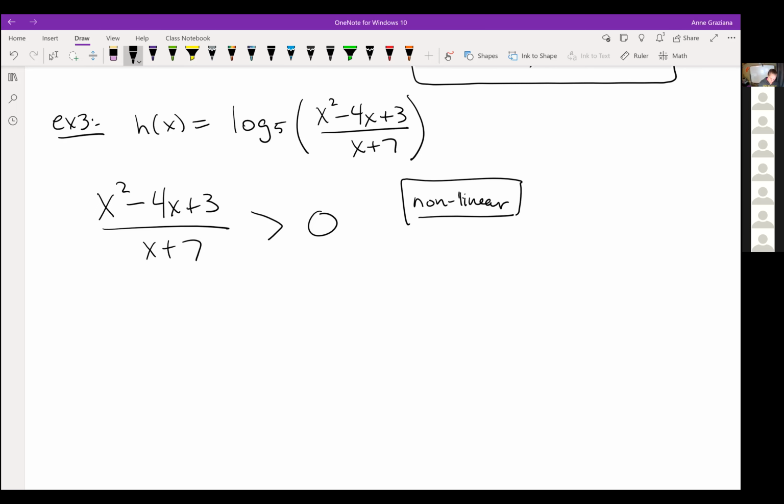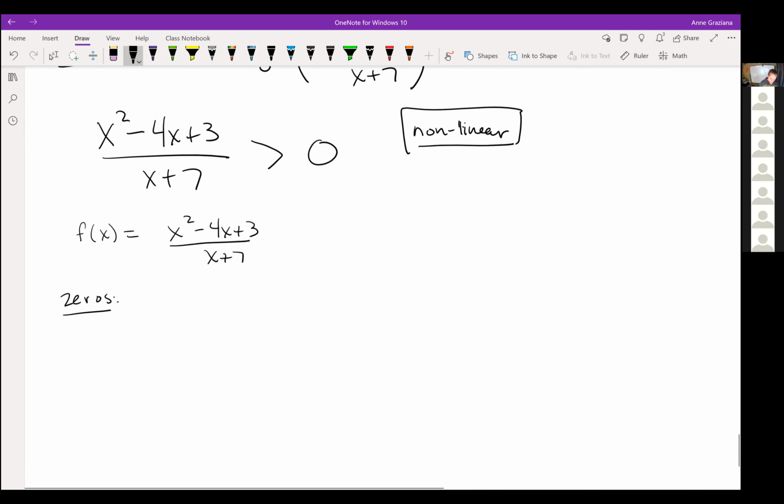Okay. So if you look at this function, the zeros means you set it equal to 0. And my undefineds in this case will be where the denominator is 0. Is that okay? I'll go ahead and solve these silently because you may be working on a different part.